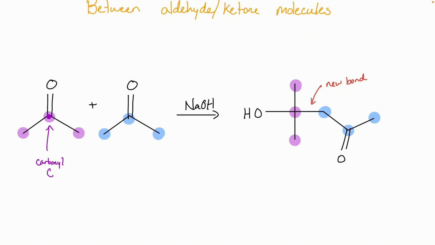We also have a special name for this one that we just learned today: the alpha carbon. So in these molecules, we have the alpha carbon of one ketone reacting with the carbonyl carbon of its neighbor.